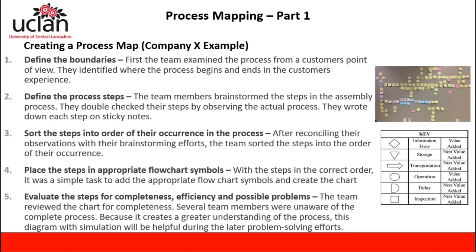Finally, they evaluated the steps for completeness, efficiency, and possible problems. The team reviewed the chart for completeness, and several team members were actually unaware of the complete process. So, because it creates a greater understanding of the process, this diagram will be helpful during the later problem-solving efforts.